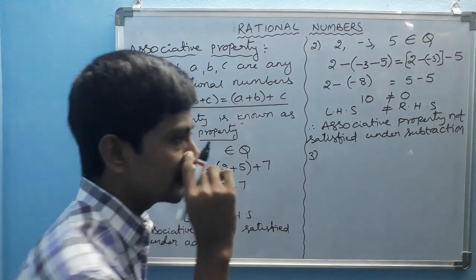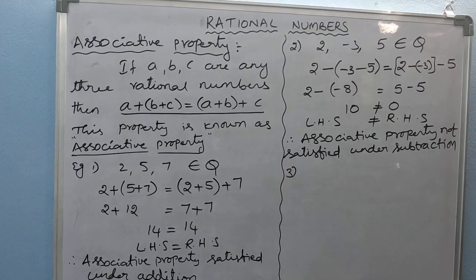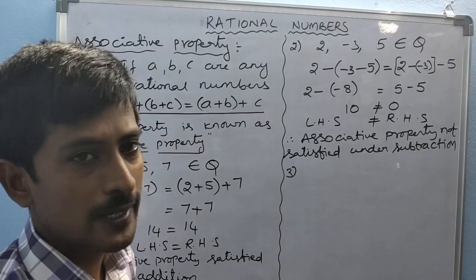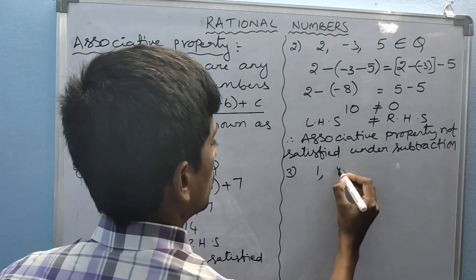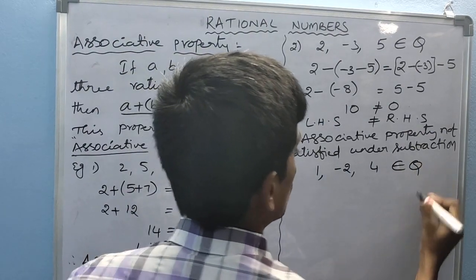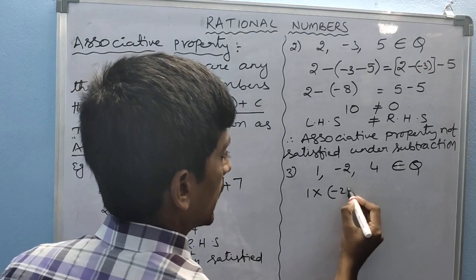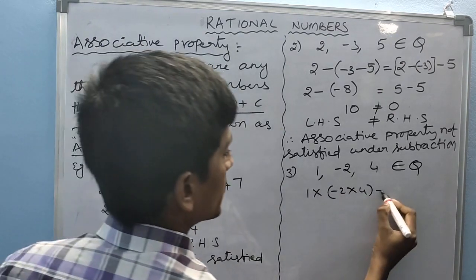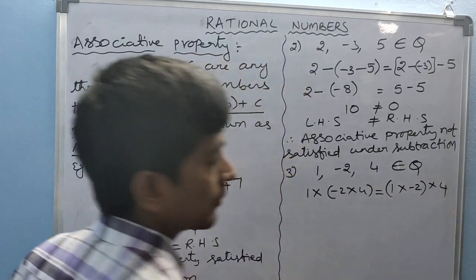Third one. What about multiplication? You will take any numbers. 1, minus 2, 4 belong to Q. (1 into minus 2) into 4 equals 1 into (minus 2 into 4).